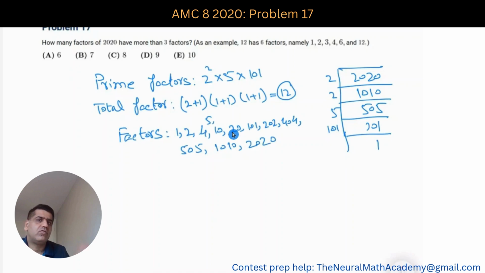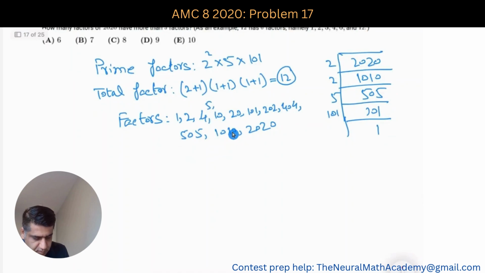So I can solve it in the opposite way as well. Like if I first see how many have 3 or fewer. So I would write numbers with factors less than 3.